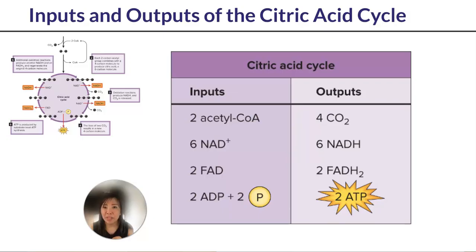The output is some carbon dioxide byproduct from when we broke down the molecules into smaller molecules through oxidation reactions, as well as the transfer of electrons and hydrogen to our electron carriers. So now we have FADH2 and NADH, and the substrate-level ATP phosphorylation, which results in 2 ATP.